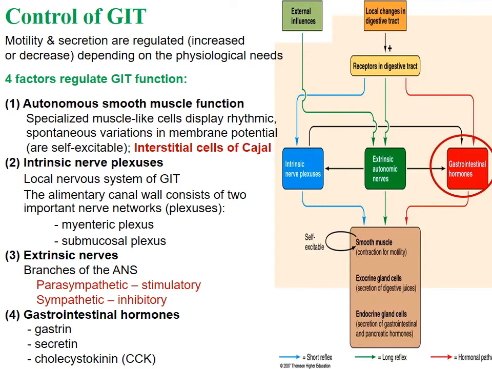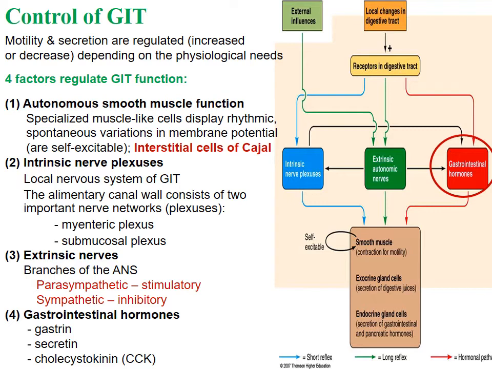The second factor is the intrinsic nerve plexus, which is the local nervous system of the gastrointestinal tract. This is a very important one. Within the gastrointestinal system, there is a nervous system called the intrinsic nerve plexus.